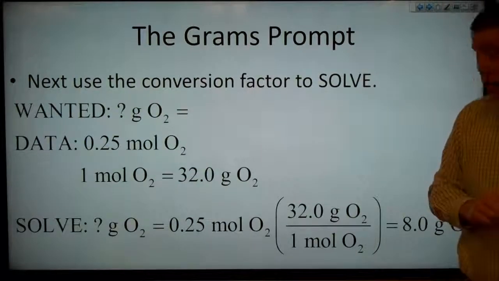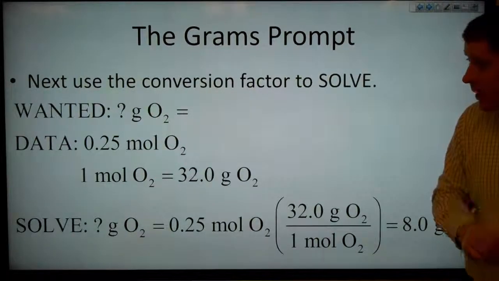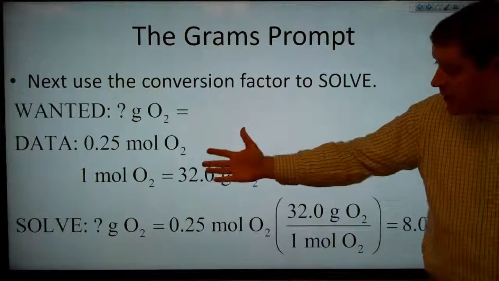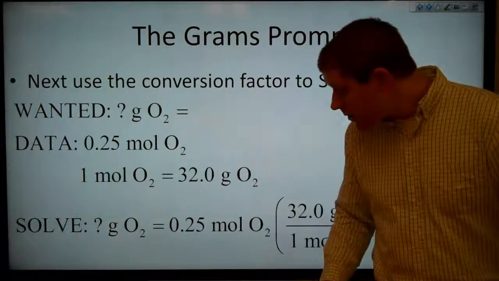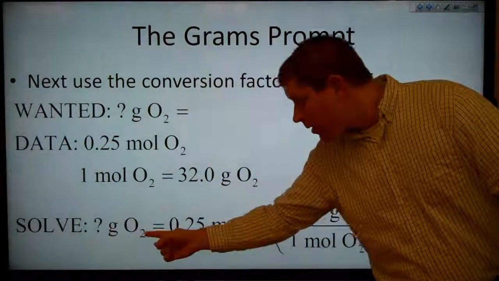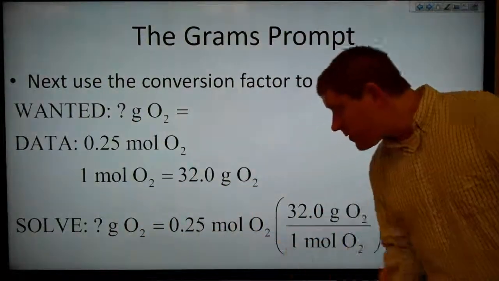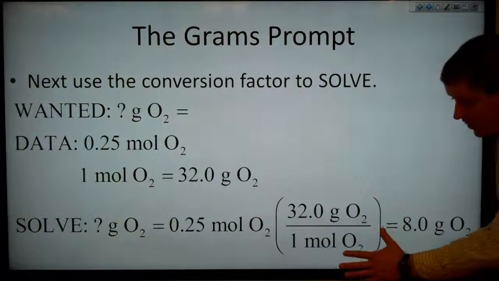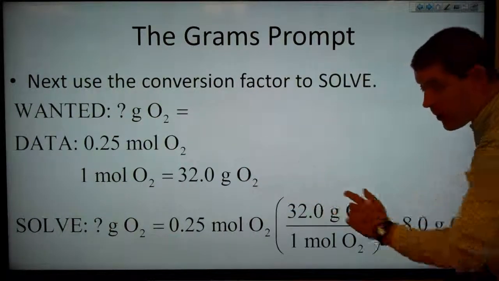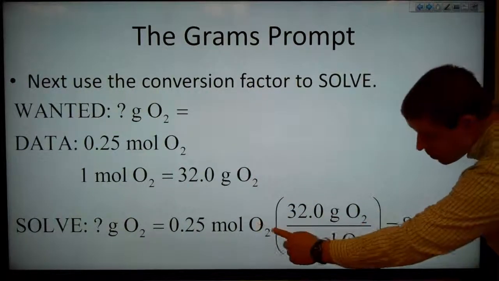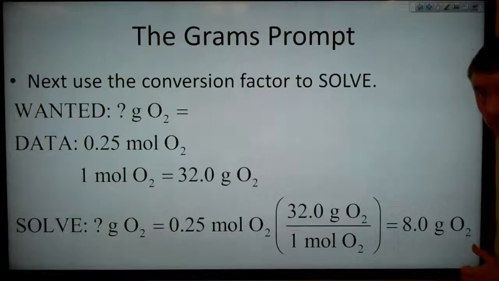And next, we can use our conversion factor to solve. So we have our wanted, our data, and now in our solve section, we have, again, our wanted portion. We write that down there. And now we write in our given 0.25 moles of O2. Now we use our equality here to give us a conversion factor. We have moles of O2, so we want moles of O2 on the bottom.